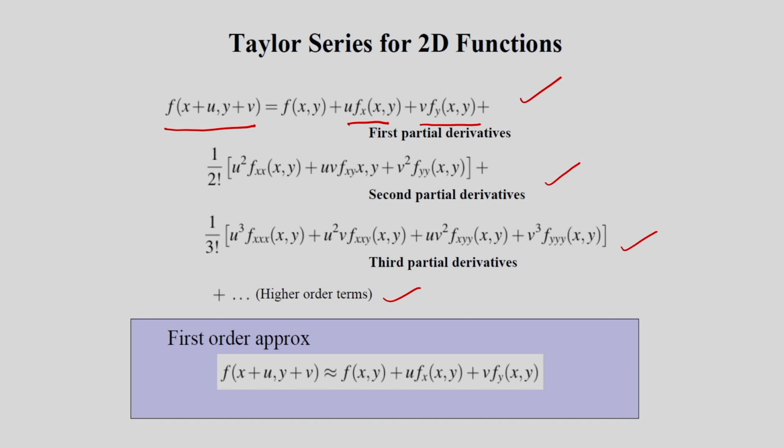So f(x+u, y+v) is approximately equal to f(x,y) plus u times the gradient along the x direction, plus v f_y(x,y), the gradient along the y direction. So this is the Taylor series approximation for 2D functions.